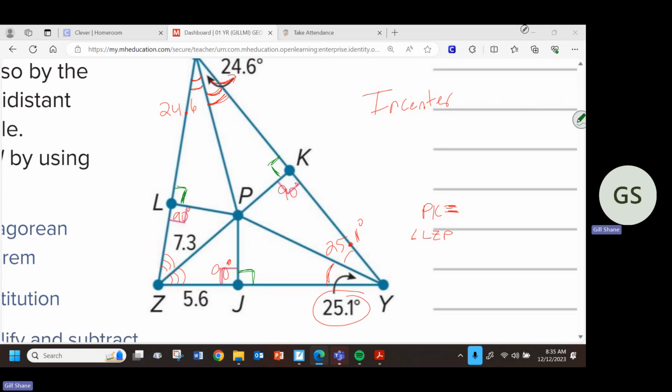How would we solve for LZJ though? And then what's the last step if I wanted to know just that top one?